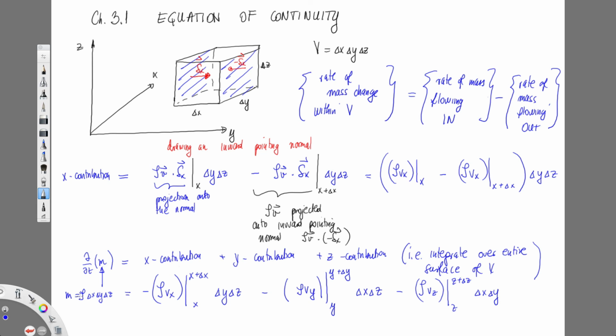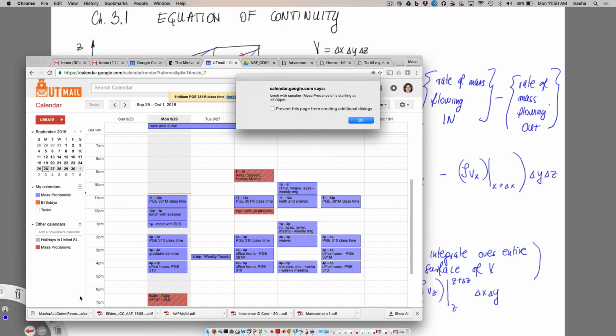So delta x, delta y, delta z is constant that I can divide with. It doesn't change on the location. So when I divide, I'm going to have d rho dt here. Here it's going to be minus rho Vx evaluated at the boundaries divided by delta x, right? So when I take a limit of this, when delta x goes to 0, I'm going to get what?